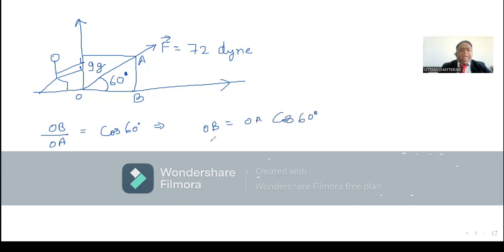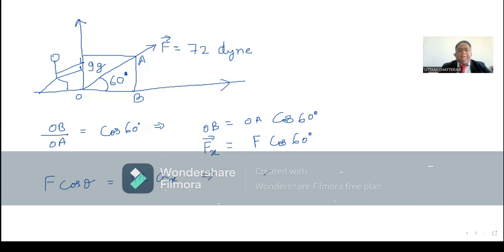OB can be written as the force in the direction of the x-axis, that means the horizontal force, which is equal to the applied force F cos 60 degrees. Now, F cos theta is equal to m into the acceleration in the x direction, ax.